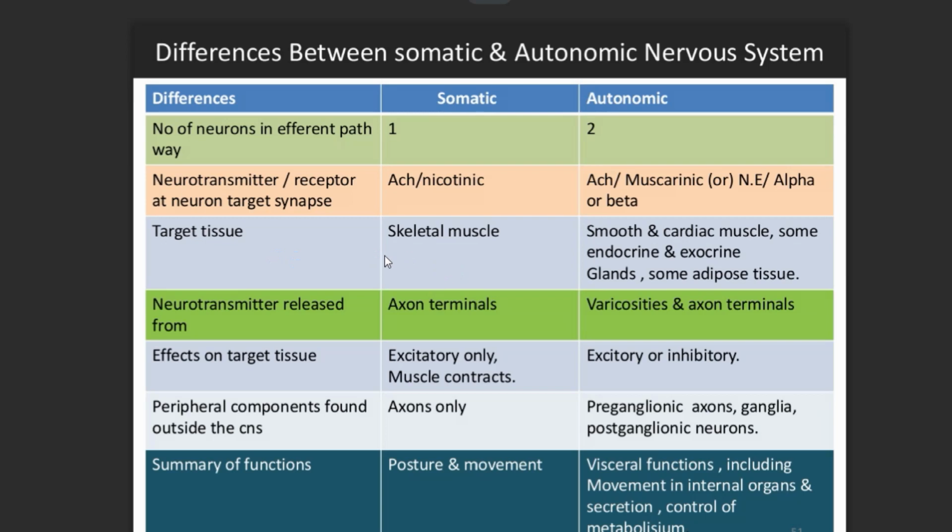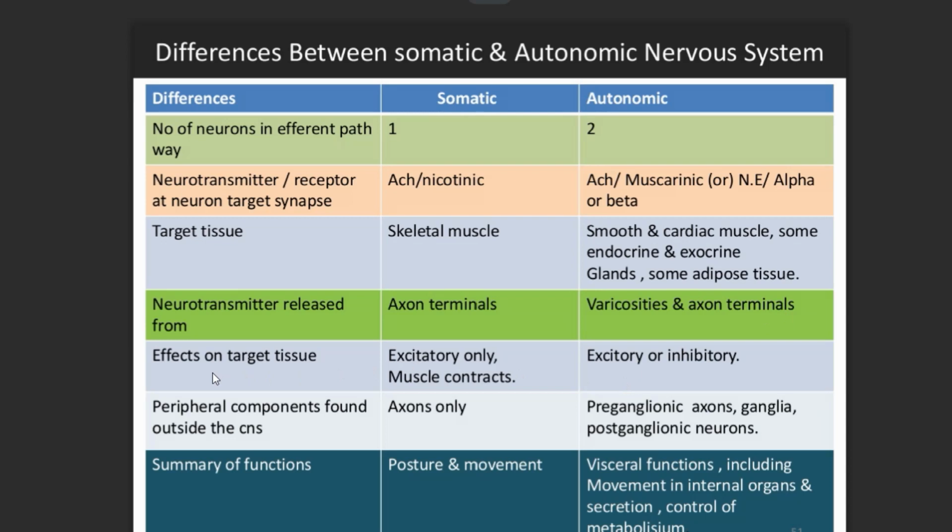Target tissue: somatic has skeletal muscle, whereas the target tissue of autonomic may be smooth muscle, cardiac muscle, or some endocrine and exocrine glands. Neurotransmitter is released from axon terminals in somatic, whereas in autonomic it is released from varicosities and axon terminals.